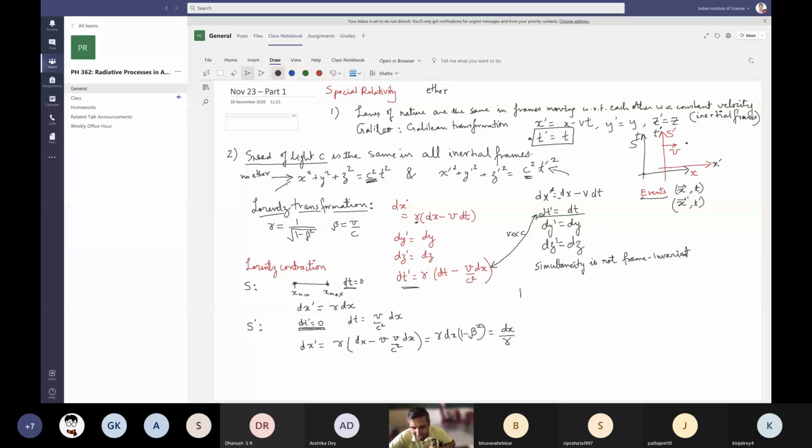If you have a scale in its rest frame, and its length is L0, and an observer is moving relative to it, its length will appear to be L0 by gamma. Okay, so this is Lorentz contraction.